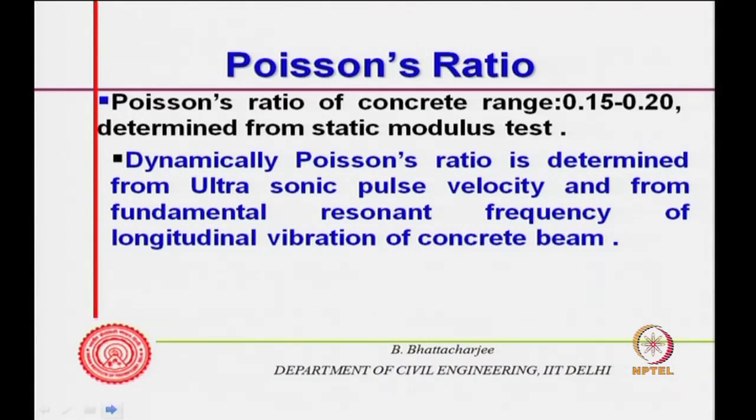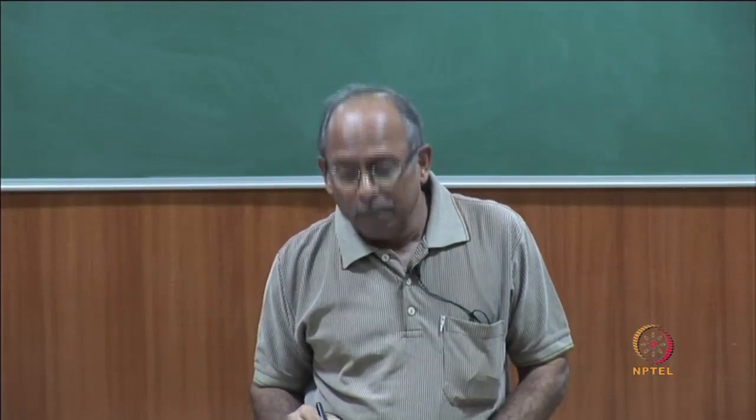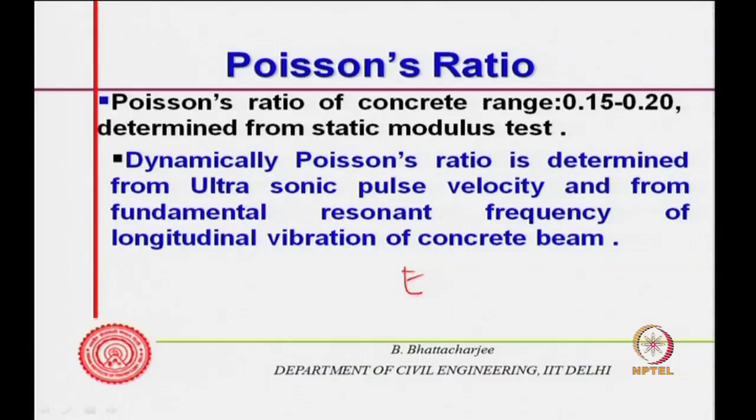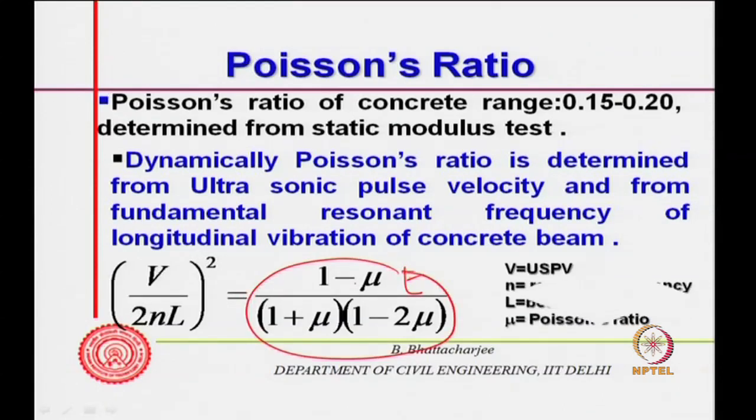Now, how do we determine this? It is related to the bulk modulus. This is the relationship involved in the velocity equation. The Young's modulus is related to the bulk modulus in this manner, where mu is the Poisson's ratio.